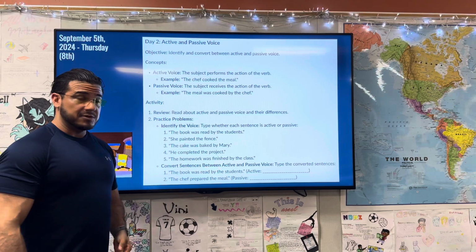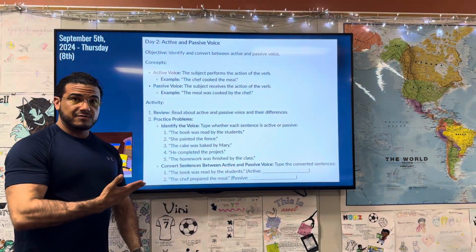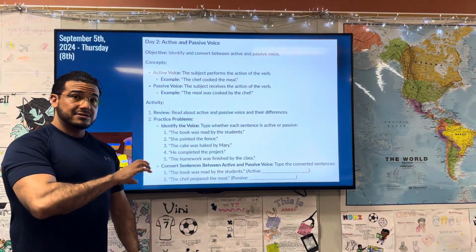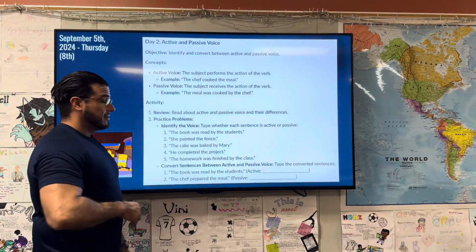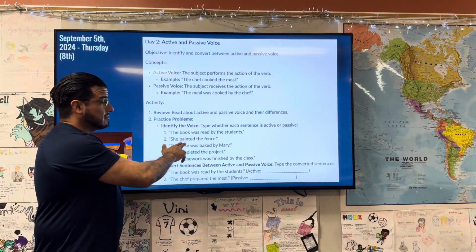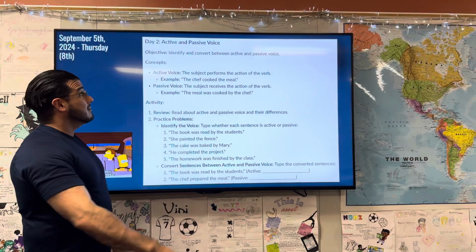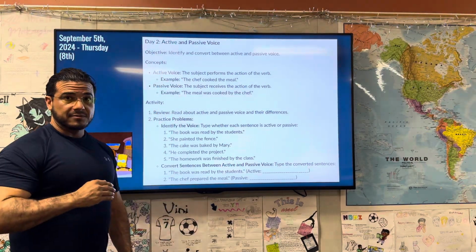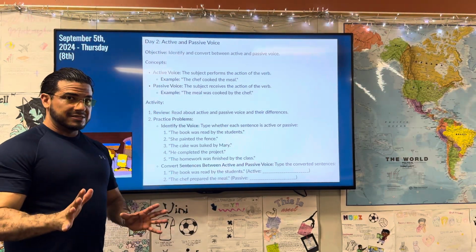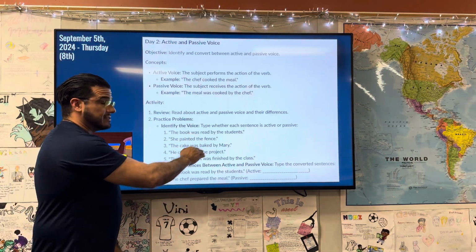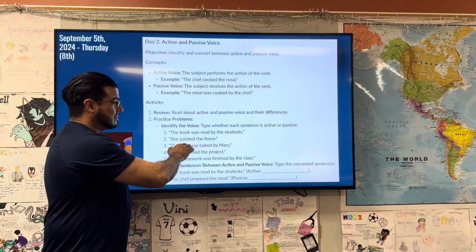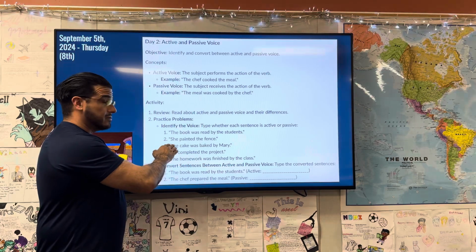What's our subject? We have she. What's the verb? Painted. What's the object? The fence. She, whoever she is, is directly responsible for painting the fence. Therefore, it is in its active voice form. If you were to rewrite it, just as an example, you could say, the fence was painted by the girl.